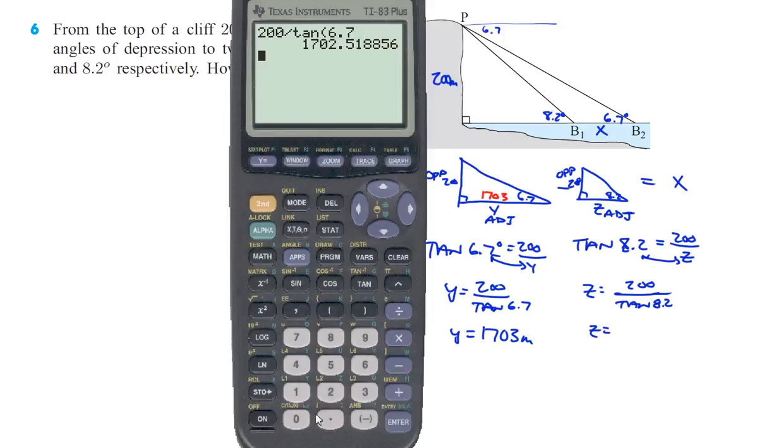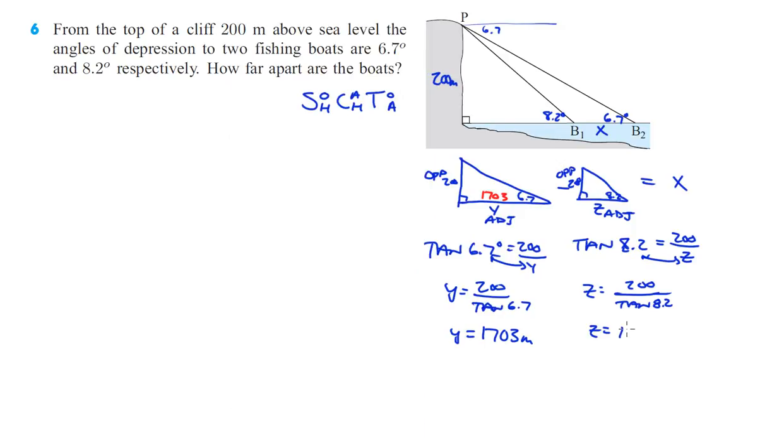Okay, so let's calculate that out. 200 divided by tangent of 8.2 gives us 1387.9, so we'll call it 1388 meters. So this here is 1388. Then we just want to take those two distances and subtract them from each other.